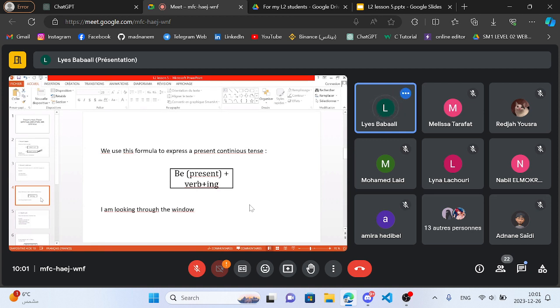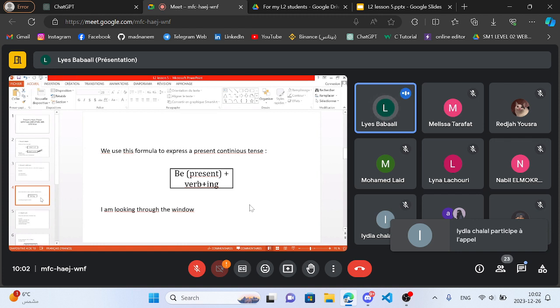We use be in present, and then verb, and then ing. For example, I am looking through the window. So we have used be in present. And then the verb is looking through the window.